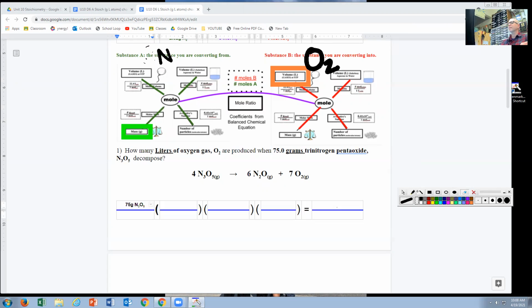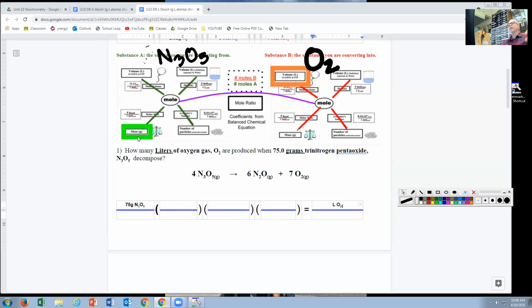There we go. It's going to be N3O5. So we're looking for liters of oxygen gas. Right? And at this point, now we just have to figure out what's our next conversion factor.